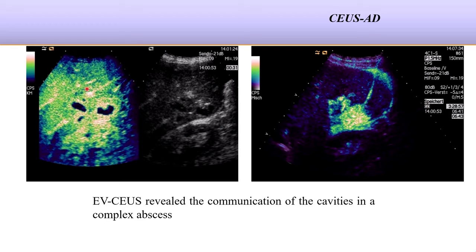This patient had a complex liver abscess, and the abscess had several cavities. Extravascular contrast enhanced ultrasound showed the communication between the cavities, so only 1 drainage was performed for this patient.